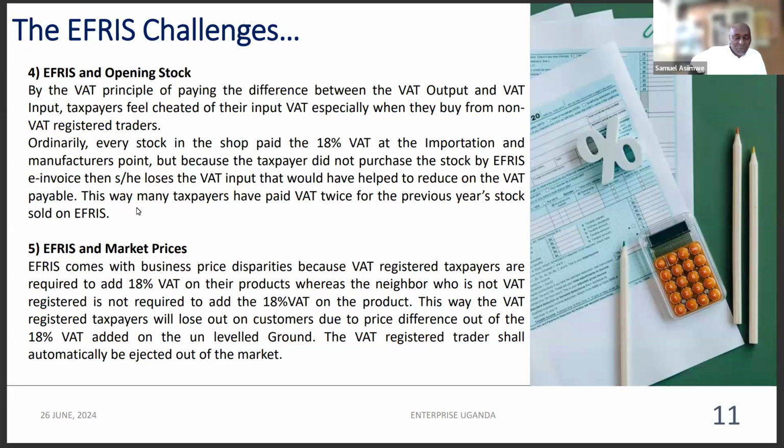But the other person who is not on VAT can say, I can sell at 11,500. The 300 difference in the market prices among traders is a big difference. By nature, we consumers like to purchase at low prices. I will go to the person who is not VAT registered.